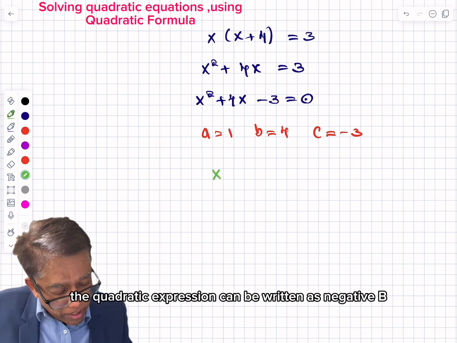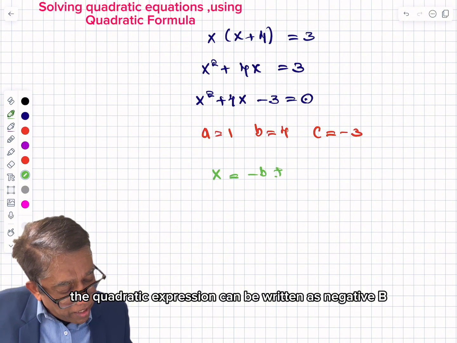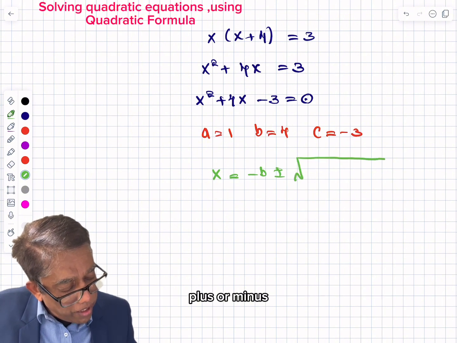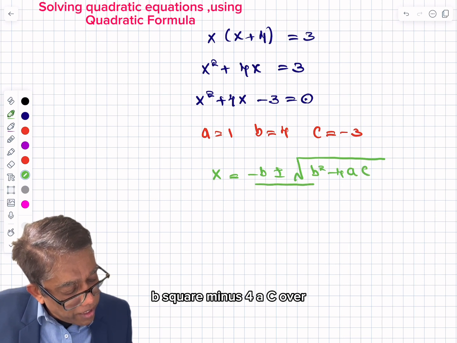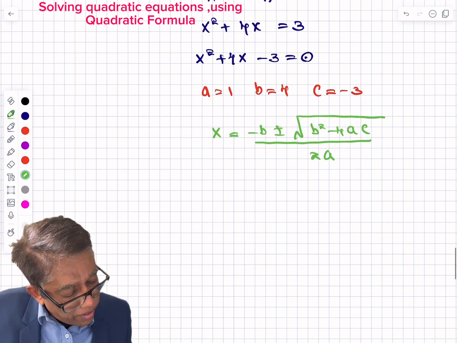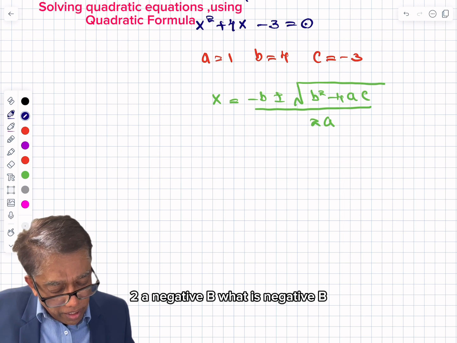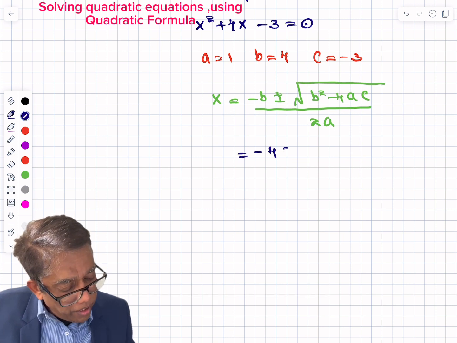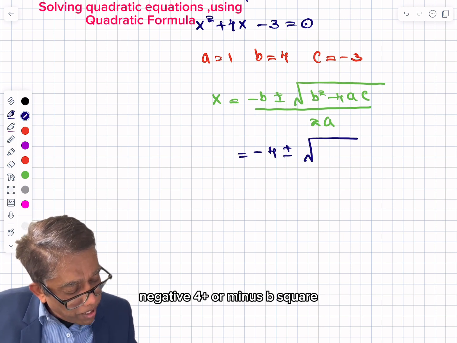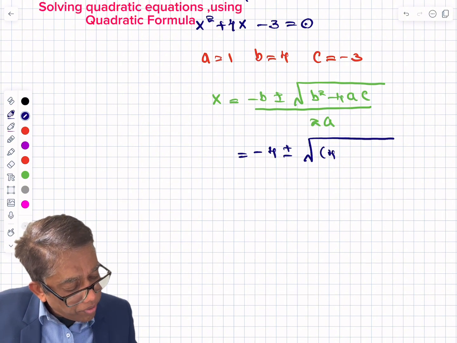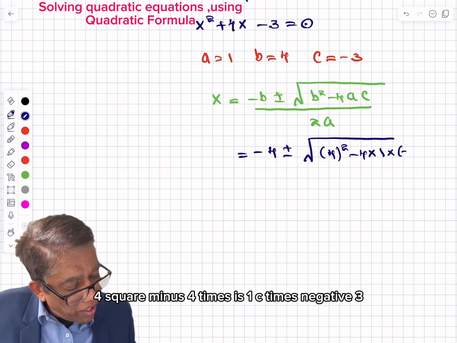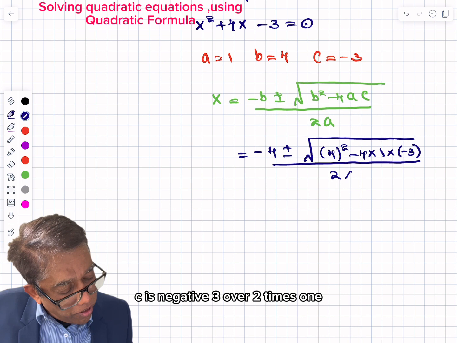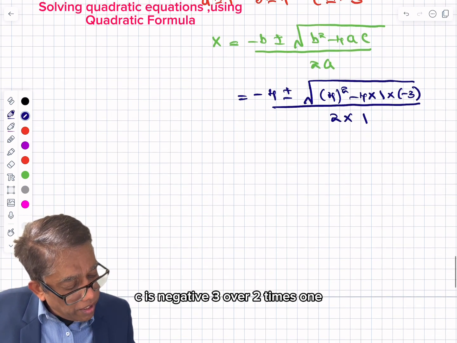The quadratic formula can be written as (-b ± √(b² - 4ac)) / 2a. Negative b, what is negative b? Negative 4 plus or minus the square root of 4² - 4 times a, which is 1, times c, which is -3, over 2 times 1.